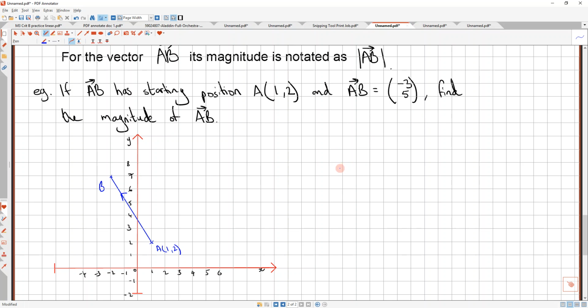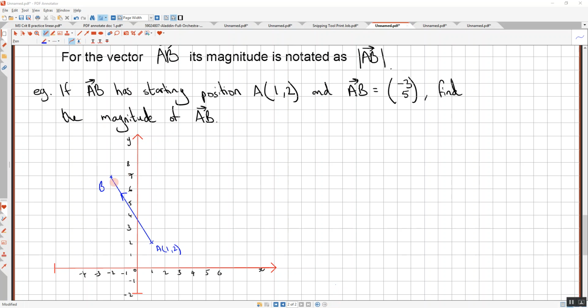So thoughts, how can I work out the magnitude of this line? Let everyone get caught up.